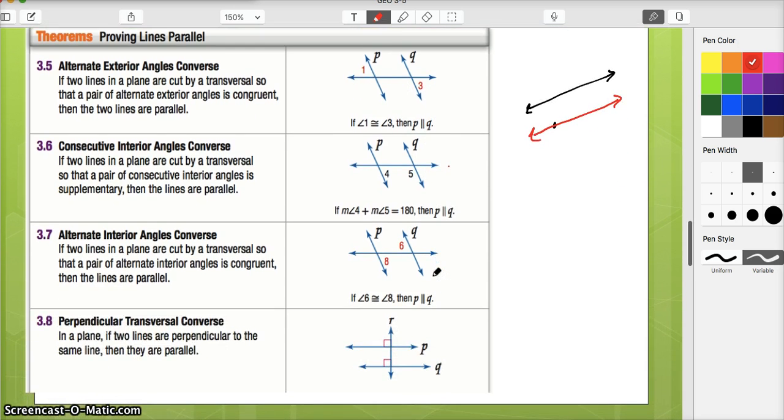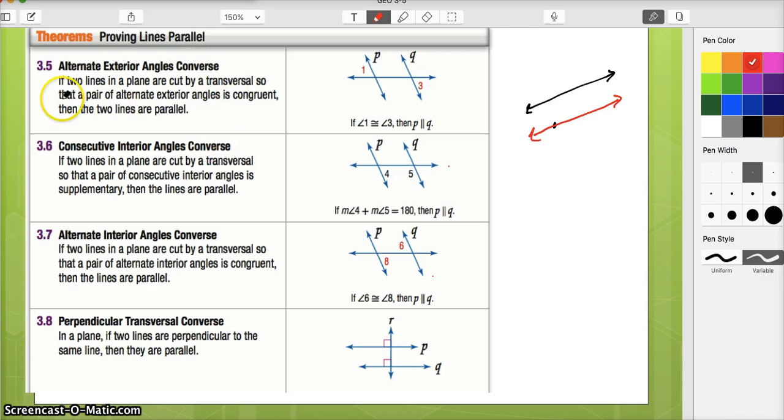So here's the first theorem that we talk about. Let's read them actually. The consecutive interior angle converse, alternate exterior angle converse (I said interior here, but I should have said exterior), alternate interior angles converse and perpendicular transversal converse. These first three remind me so much of the first postulate that we talked about today.